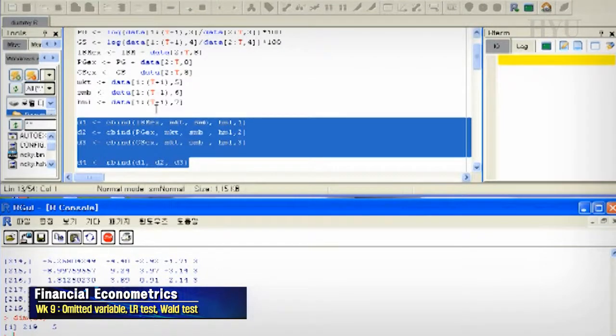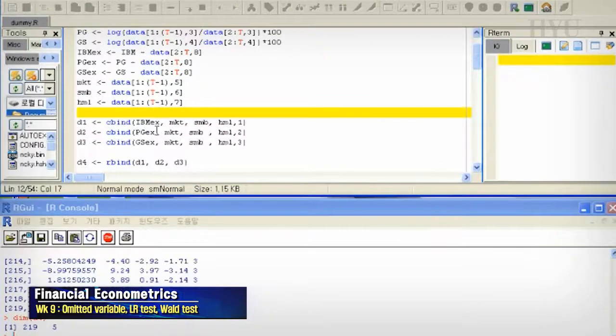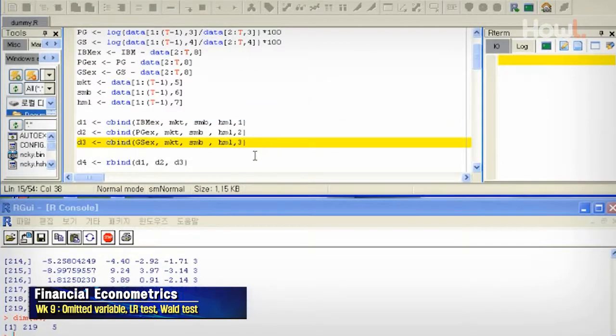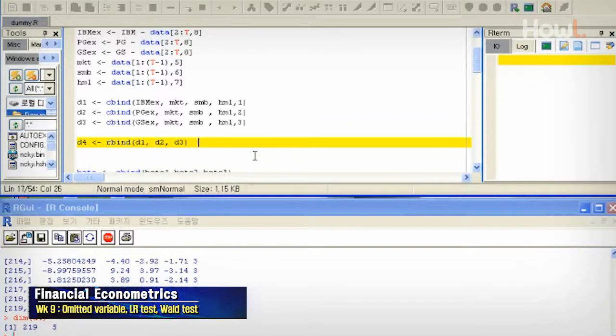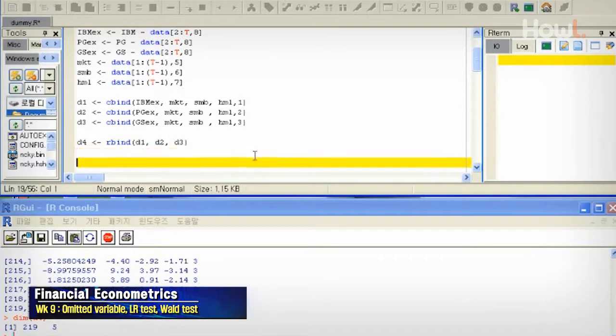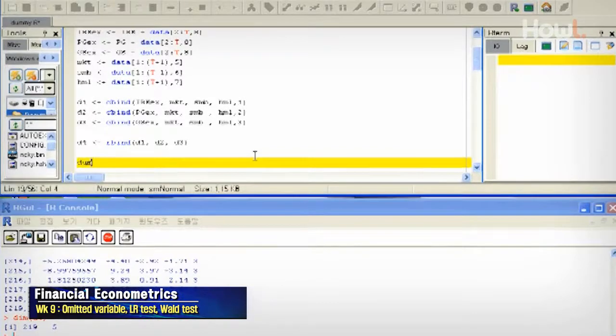So to add the dummy variable, dummy one. So basically IBM dummy, IBM dummy. Okay.